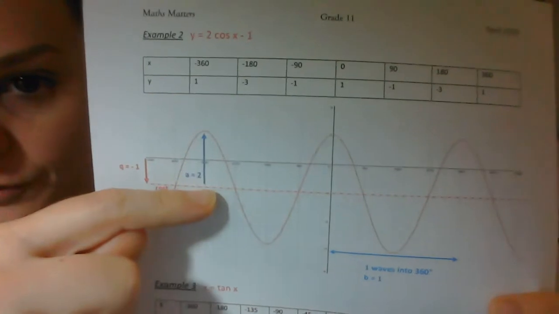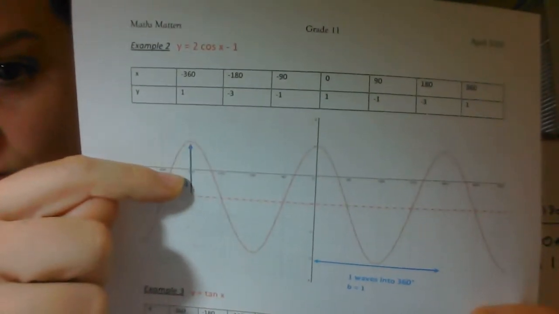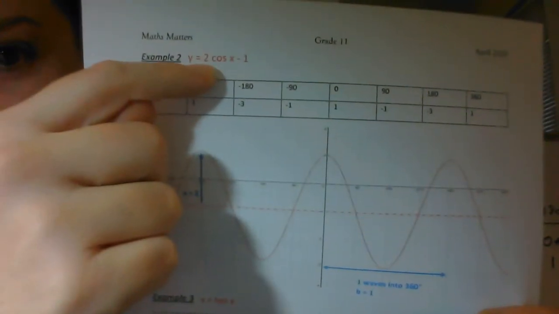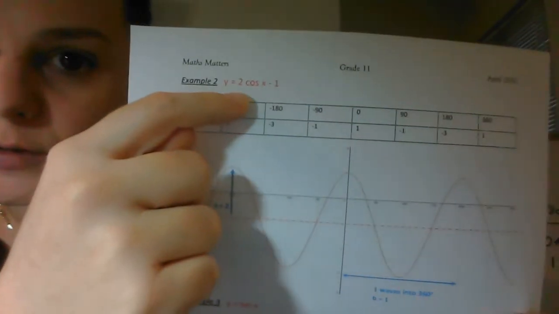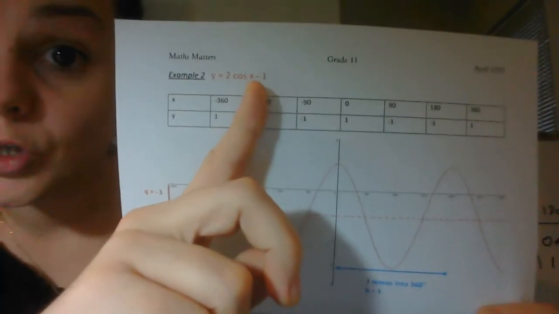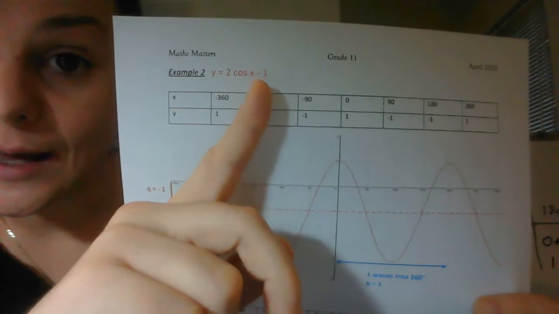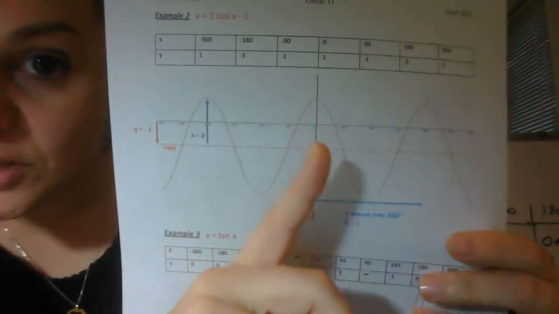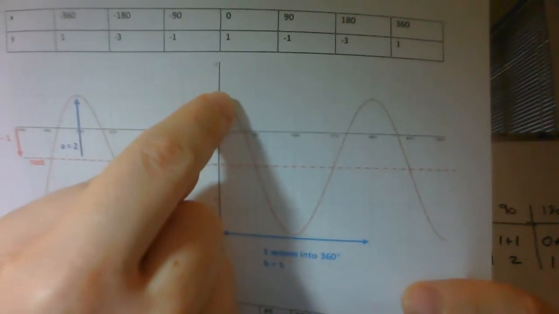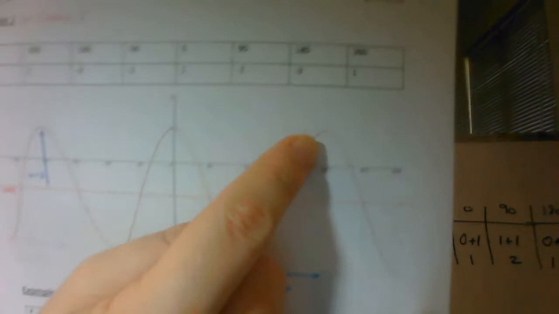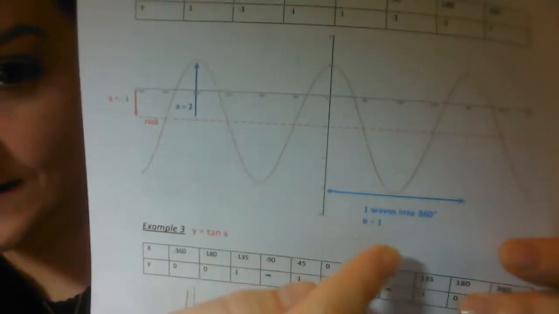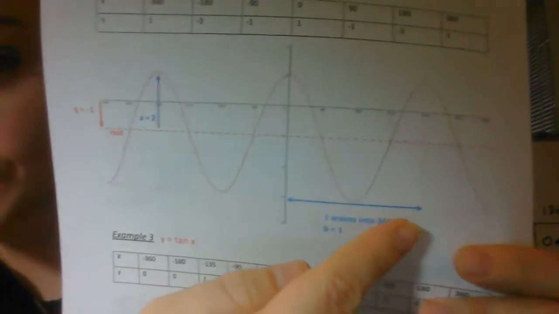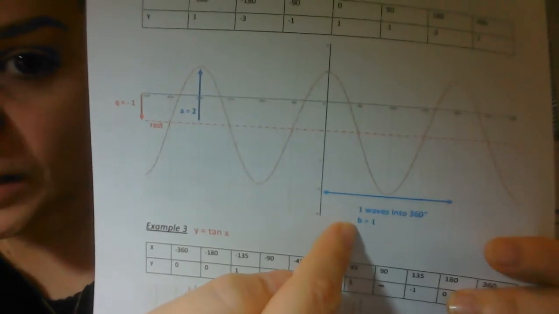Your amplitude from rest to crest is 2, which is your parameter A in front of your cos. And you have no shift right or left because the x has no p-value. Wavelengths, number of waves: 1 from crest to crest, 360 degrees for 1 wave, so the B is 1.